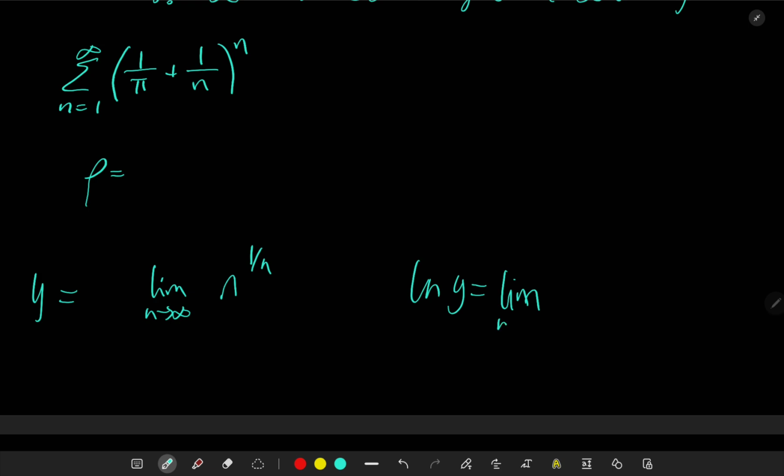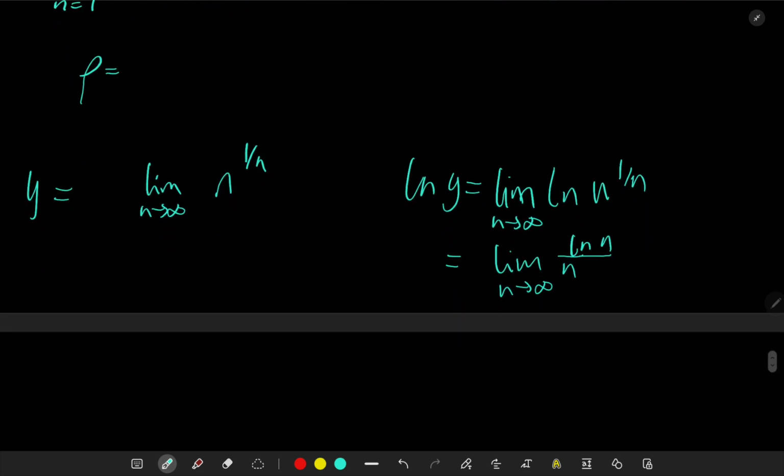So you can write the limit as n goes to infinity of the natural log of n to the 1 over n. You can drop that exponent, and do the limit as n goes to infinity of 1 over n natural log of n, or just natural log of n over n. Then you can use L'Hopital's here, because as n goes to infinity, natural log goes to infinity, and n goes to infinity.